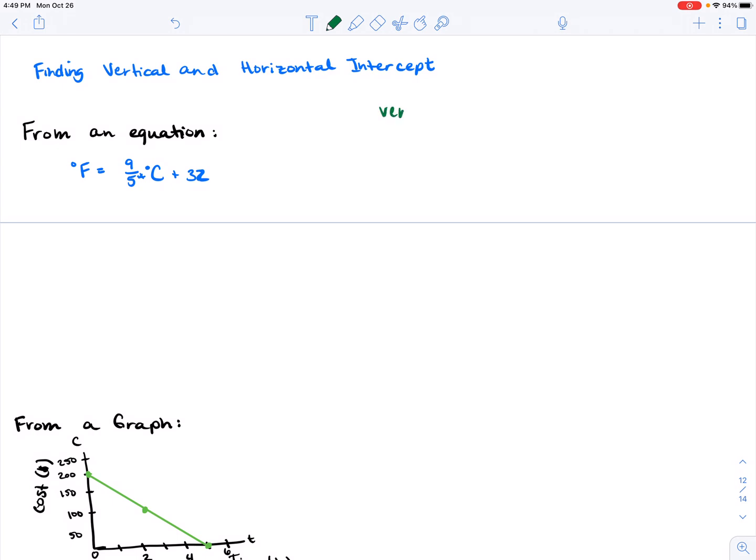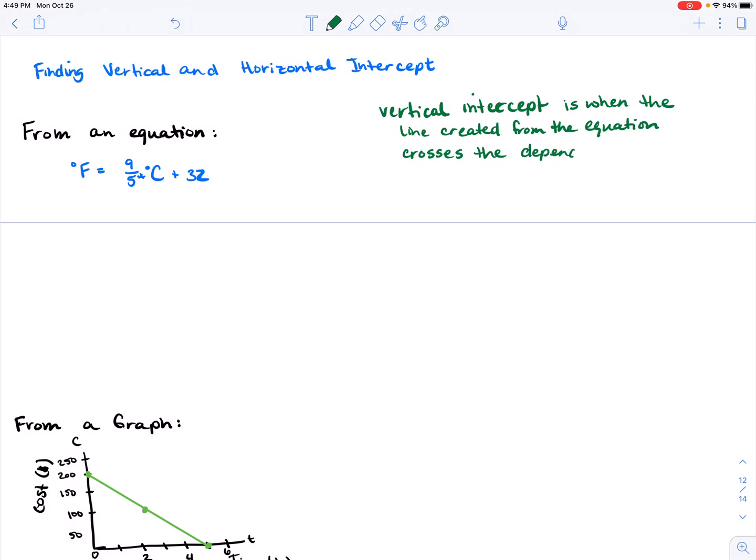Well, the vertical intercept is when the line created by the equation crosses the dependent axis.